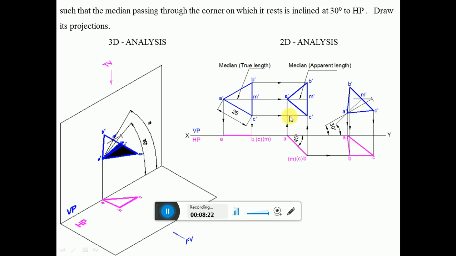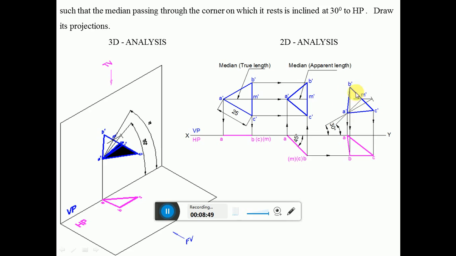Then measure the length from M dash to B dash and M dash to C dash, both sides equal. From M dash you cut an arc on this line, perpendicular to A dash M dash, and similarly on this side also, to get B dash and C dash. You already have A dash, then join C dash to A dash, A dash to B dash, and B dash to C dash.